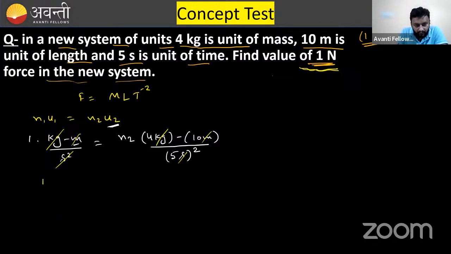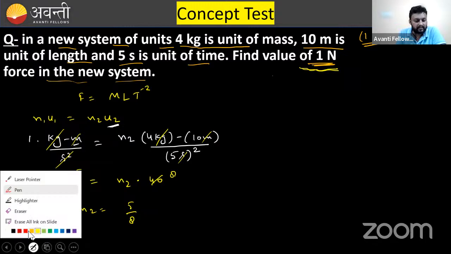So here 1 will be remaining. And if you can see, this 5 will be squared. So that is 25 is equal to N2 into 10 into 4, 40. Very good. So you can cancel out the things, 5, 8. So N2 is 5 by 8.